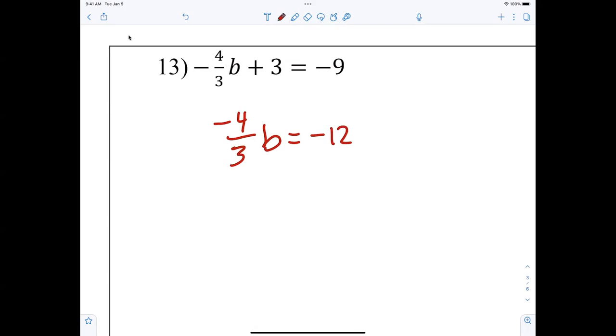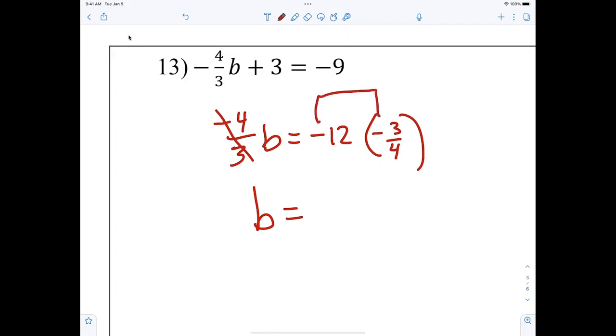By the, what is the reciprocal? You are amazing. Is my answer going to be positive or negative? Why? Look up. So negative times the negative is a what? Yes, ma'am. Now tell me what 12 times 3/4 is.